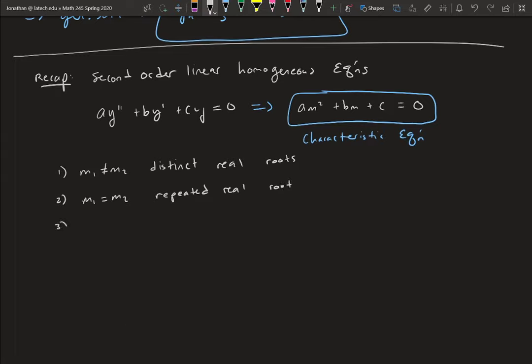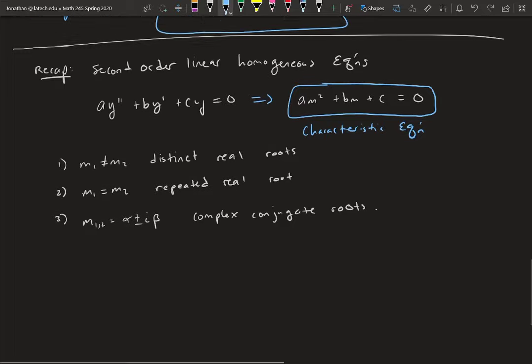And then number 3, m1,2 equal to alpha plus or minus i beta, so we have complex conjugate roots. We'll talk about 2 and 3 today, and then we'll get into higher order equations after that.